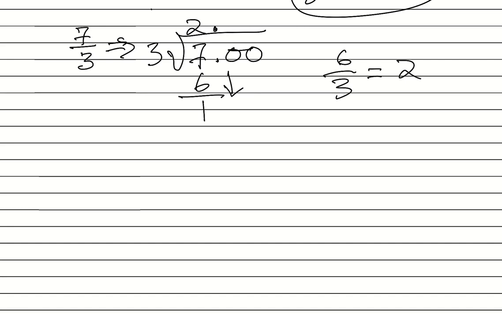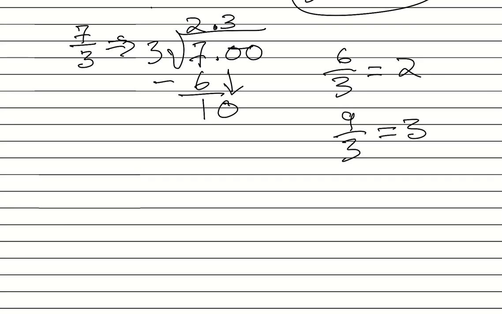And then you bring the 0 down. Okay. 3 going into 10, it will go into 9 to give you 3. You put the 3 here. All right. And then you put 9 here. You subtract. You get 1. Okay. So you bring the 0 down. 10. See, it's repeating, right? It will go into 9.